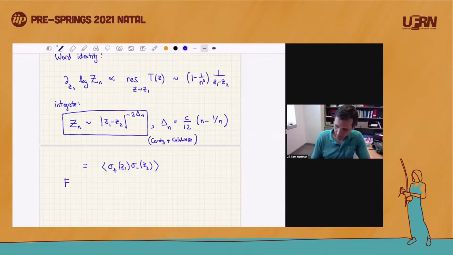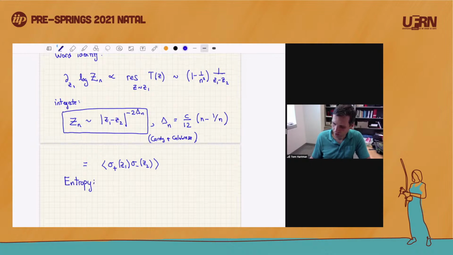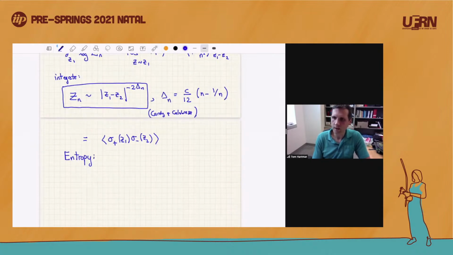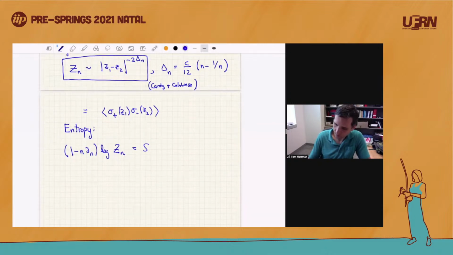So that's our replica partition function. We can now calculate the entropy. Now you'll notice that we started with n being an integer, but the function we ended up with doesn't care if n is an integer or not. So we can calculate 1 minus n, d/dn of log Z_n, and when we take n to 1, that gives the entropy.